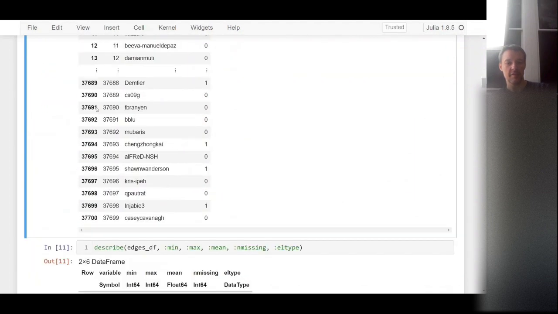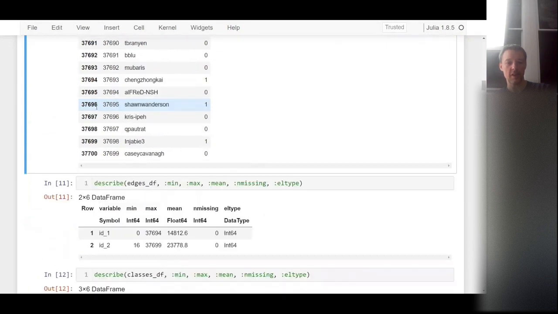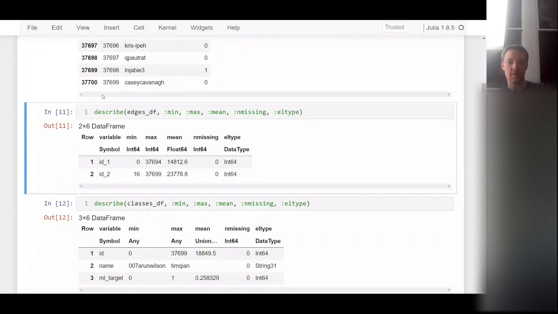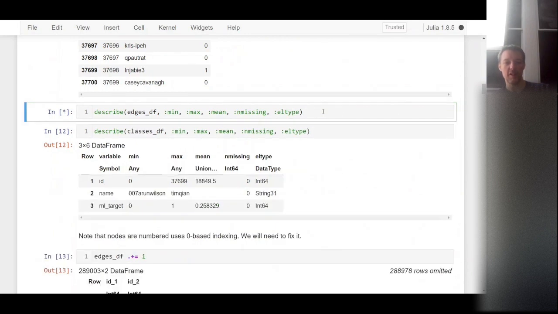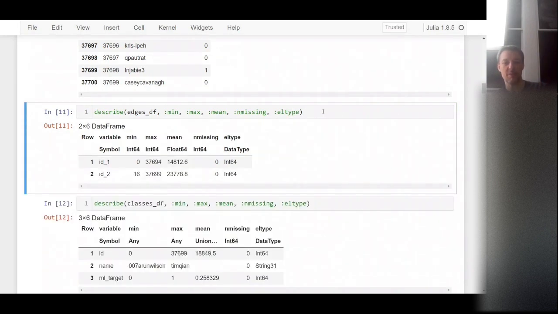Now we can have a look at the structure of those data sets. To have a look at the structure of this data set, we can use the describe function. We already used it before, but now what we additionally do is provide which functions we want to be applied to our data set. So I want minimum, maximum, mean, number of missing values, and element type. And I get nice information about this.